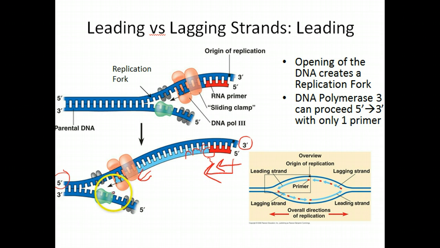You're only limited by the time with which it takes to open this replication fork here. Okay, so you proceed directly into that fork, and you just keep adding nucleotides until you reach the end of the molecule, or until you reach another polymerase doing its thing on the other side.